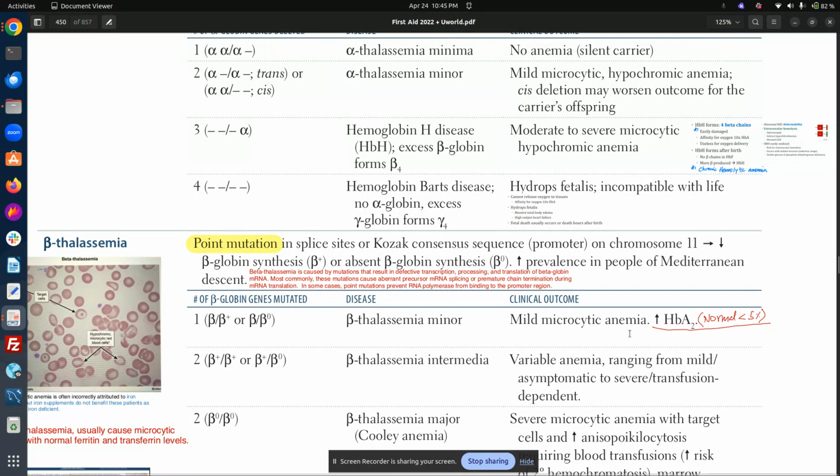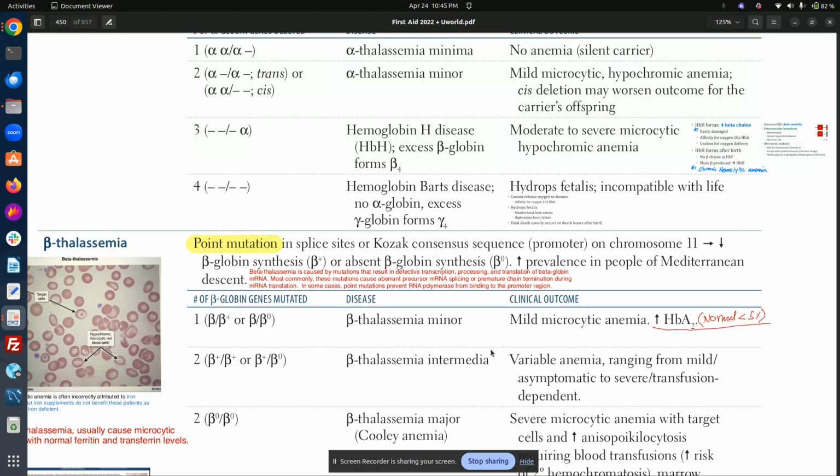There will be mild microcytic anemia and elevated hemoglobin A2. The type of hemoglobin present in adults is hemoglobin A, with two alpha and two beta chains. When hemoglobin A is low, the levels of other types of hemoglobin, hemoglobin A2 or hemoglobin F, get elevated in the blood.